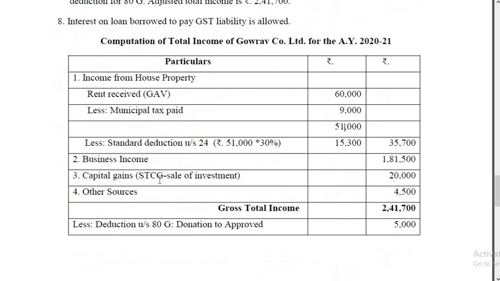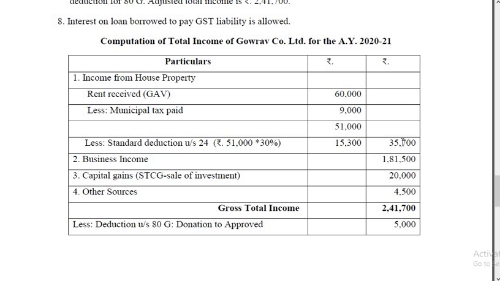But there is no deduction separately under computation of income from house property. For that you have got the standard deduction, which will take care of all the expenses relating to let out house property. Therefore 51,000 is the annual value. Of that, 30% standard deduction under section 24 comes to 15,300. So the income from house property is 35,700.